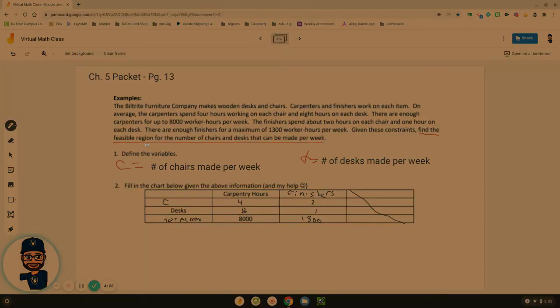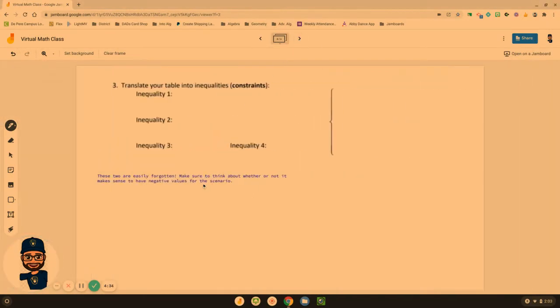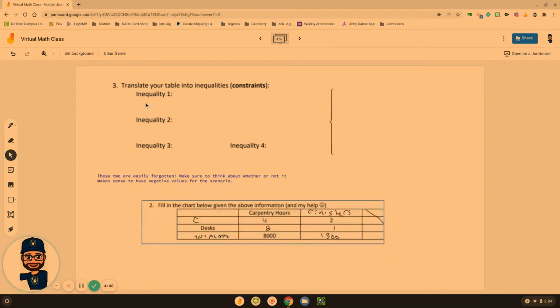I'm going to copy this and bring it over to the next slide so that we have the information with us right here. We're going to turn it into the inequalities, or the constraints. Each one of these columns is going to help us write a constraint.